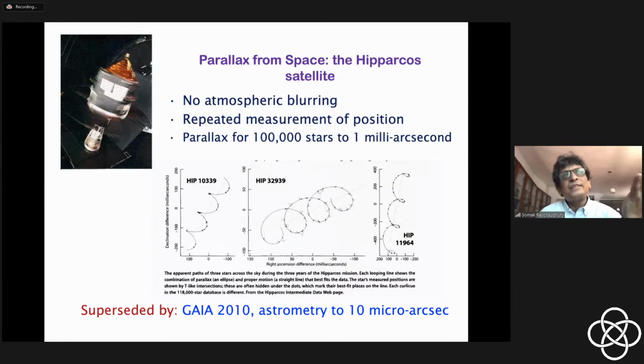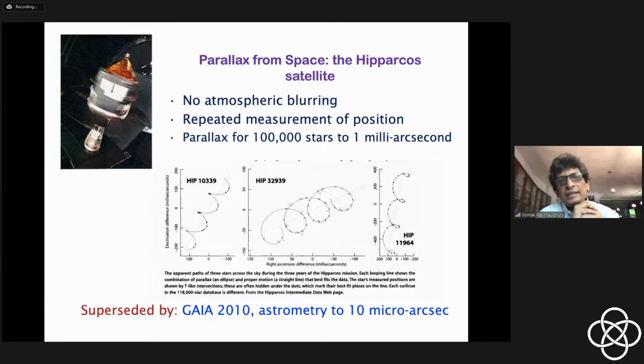You don't have to wait during the day, because in space there is no day and night, unless you are actually eclipsed by the Earth, since Hipparcos is a satellite that goes around the Earth. It could measure things to a very high precision, but over longer periods of time.